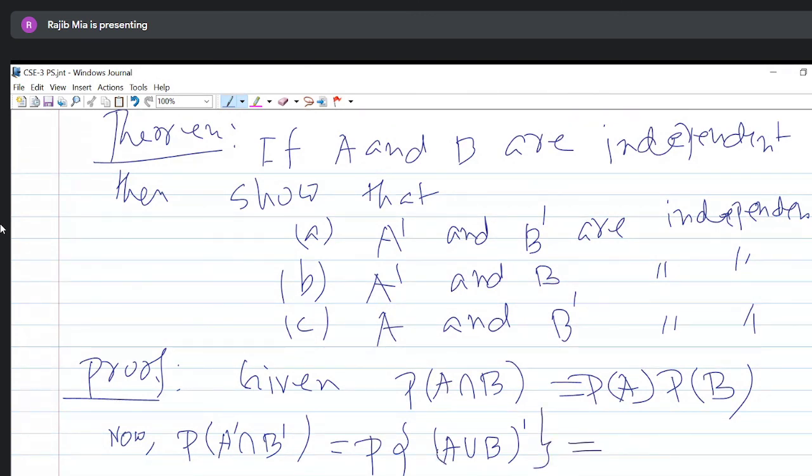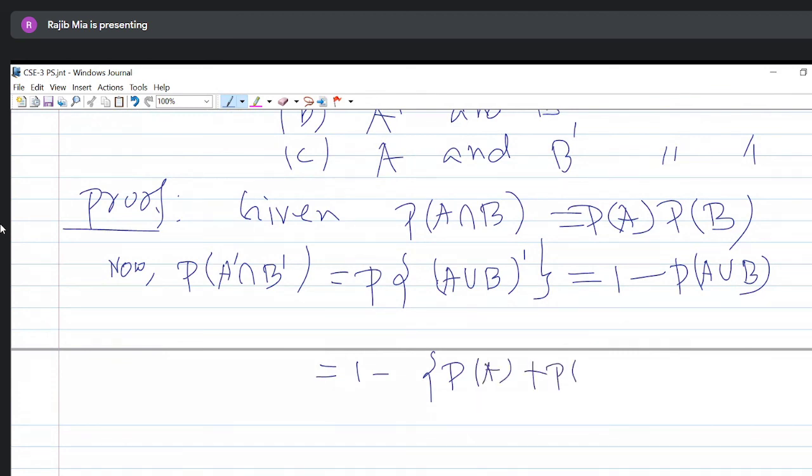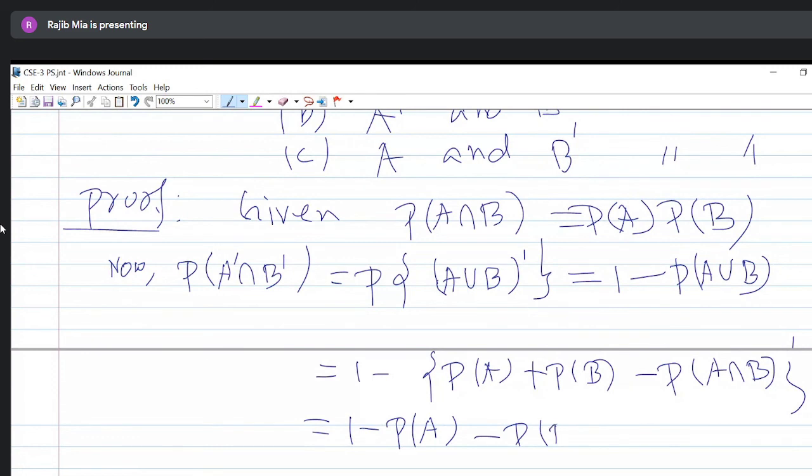So this equals 1 minus probability of A union B, because probability of A complement equals 1 minus probability of A. The formula for probability of A union B is probability of A plus probability of B minus probability of A intersection B. So this equals 1 minus probability of A minus probability of B plus probability of A intersection B. Since A and B are independent, we can write this as probability of A into probability of B.